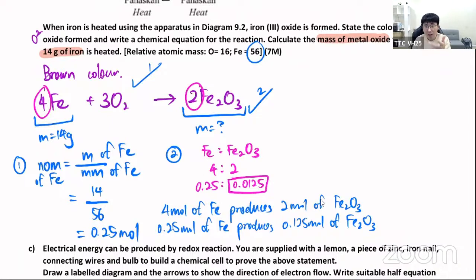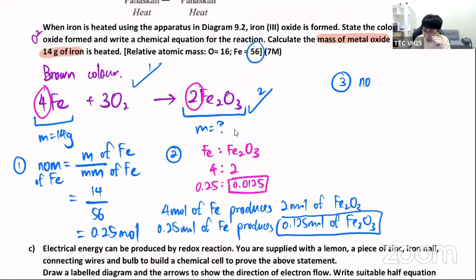Okay, and then later on we go for step 3. Why? Because so far we have only considered the number of mole of Fe2O3. If you want to find the mass of Fe2O3, you need the number of mole of Fe2O3.